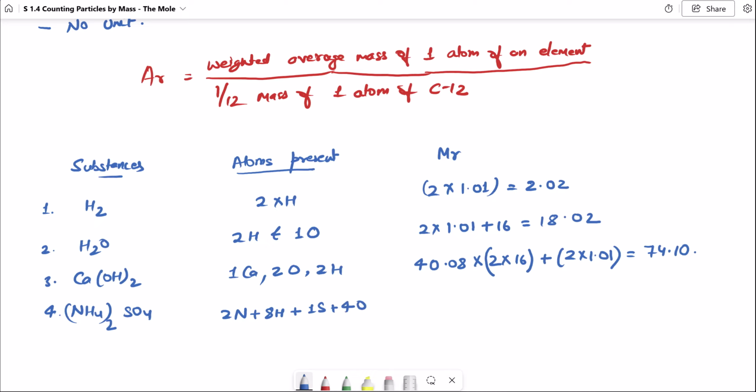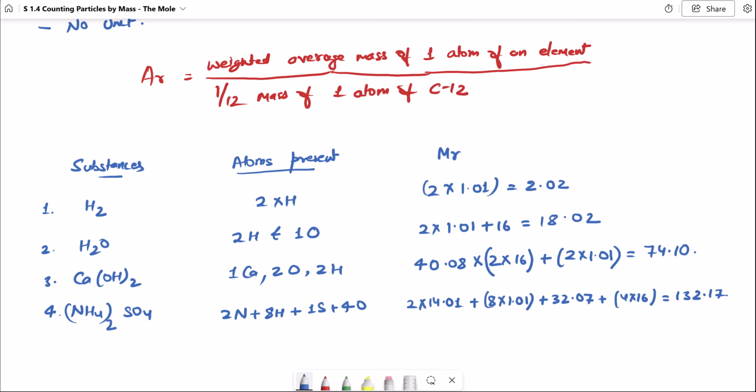So it will be 2 into 14.01 plus 8 into 1.01 plus 32.07 plus 4 into 16 equals, I will get 132.17 gram, right? So this is how we can calculate.